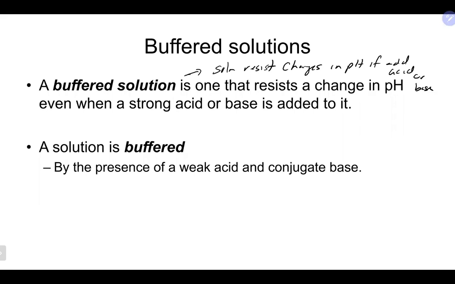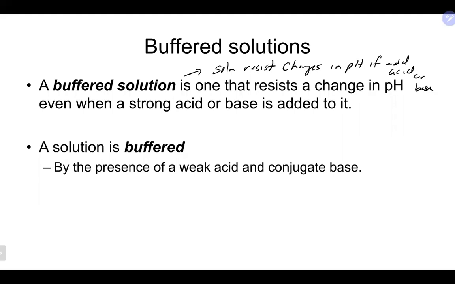It might come down to maybe 5.9 something, but it will not go from a pH of 6 all the way down to a pH of 1. If I added base to it, it would go up maybe a little bit, like 6.01, 6.1, but it will not go from 6 all the way up to a pH of 12. It's able to resist really big changes in pH when you add an acid or base to it.